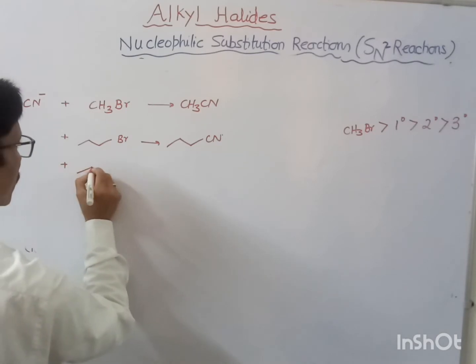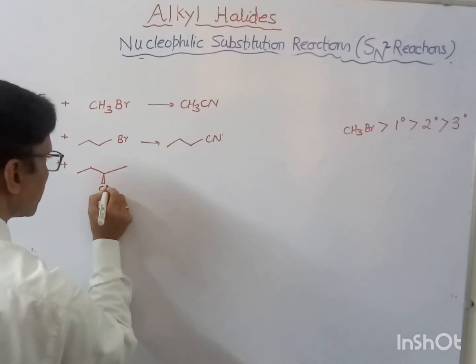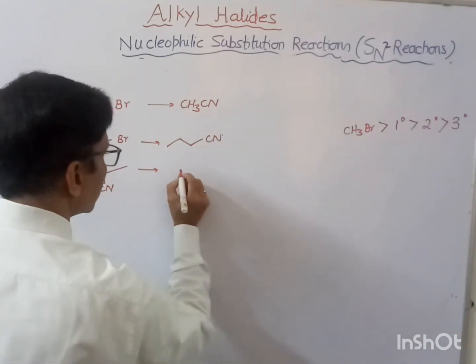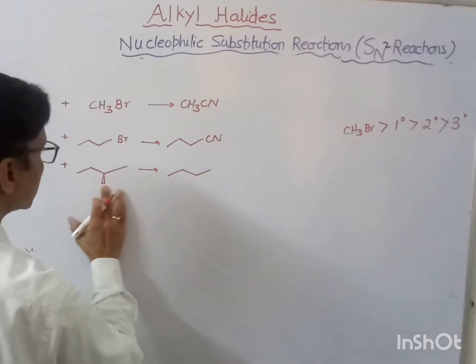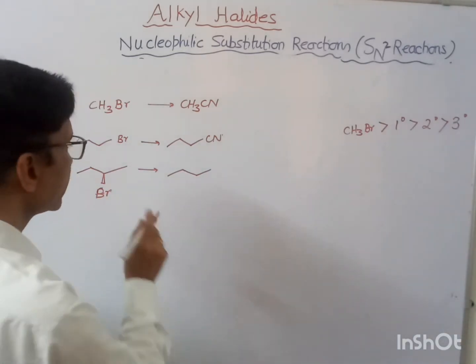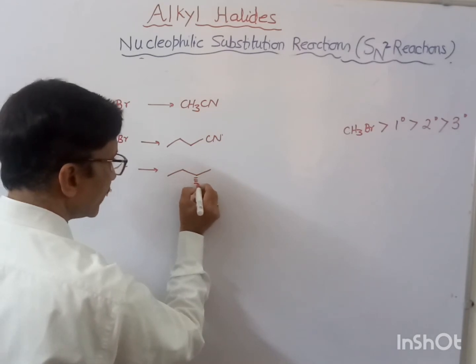And again now if we have a secondary alkyl halide, secondary butyl bromide, then it will give you the substitution product where this CN group will attack from the back side. That's why the product that should be written should be the inversion product.